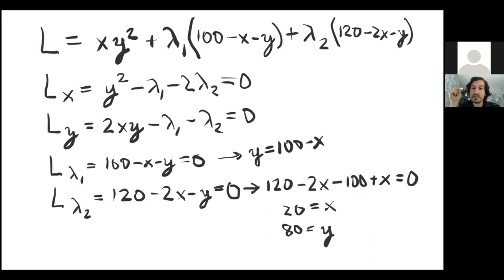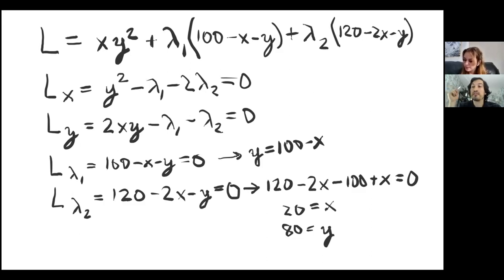But the lambdas are what's going to tell us whether that's actually the optimal point. The lambdas will tell us whether you can do even better than this point or not. So let's plug what we found for x and y into the top 2 first order conditions to see what the lambdas are. If they're 0 or positive, then we're fine.